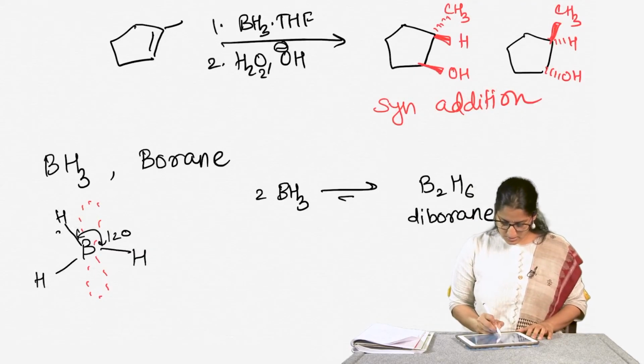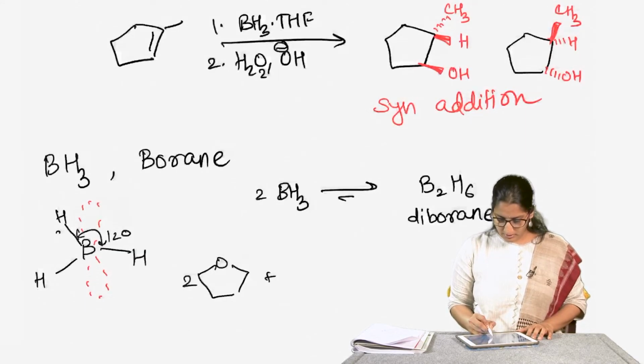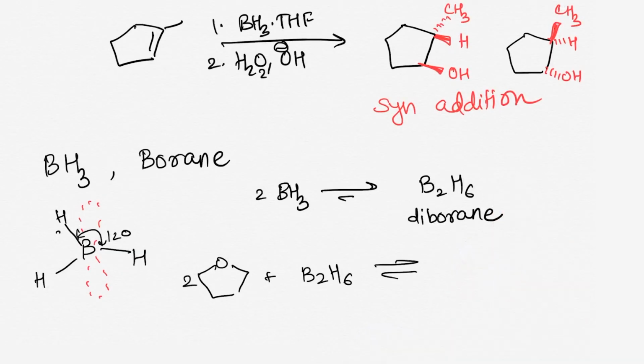So, what happens is if I take THF and if we take diborane, what results in the formation is this new bond between oxygen and boron, wherein the oxygen has donated a pair of electrons from its lone pairs and has formed a new bond with the boron. Okay, so, this is the complex that is formed.